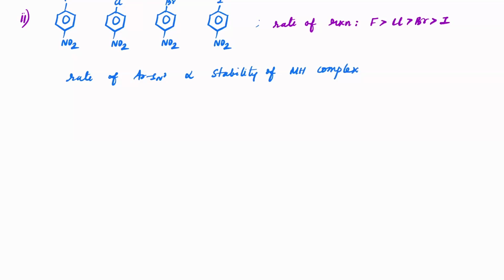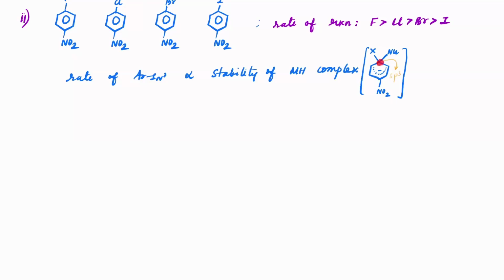So if you compare the MH complex stability, you would notice that if you have, let's say, any halogen here and nucleophile here, and this is how the minus charge is present. Correct? Now, you need to notice one thing: this carbon is now sp3 hybridized. Because it is sp3 hybridized, there is no resonance on this carbon position.